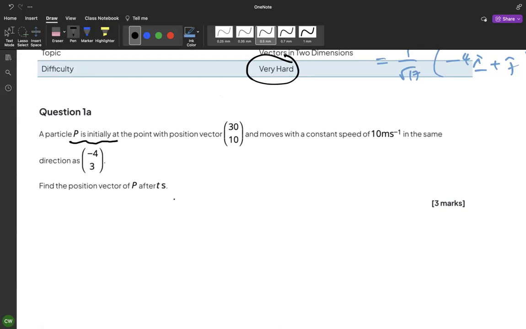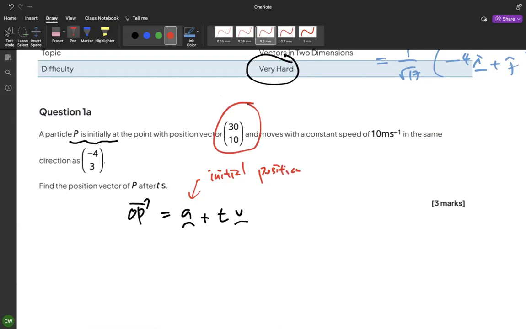Okay, the position vector OP is equal to initial point plus time times velocity. This one is the initial point, the starting point, initial position. And we have a constant speed and a direction. This one will get us the velocity.